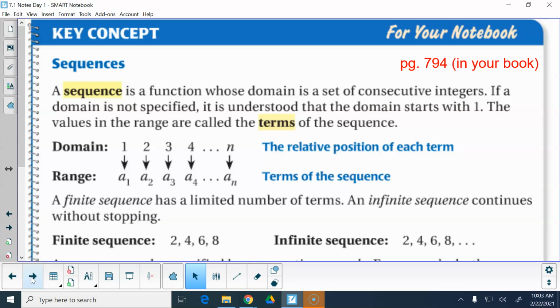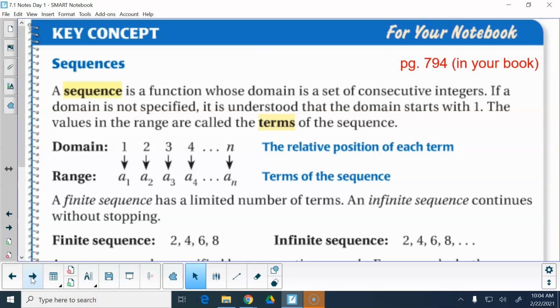All right. So let's talk about this. This information is out of chapter 12 in your textbook, and I actually stole this screen out of your textbook. It's on page 794 if you wanted to use it, but by no means do you have to.